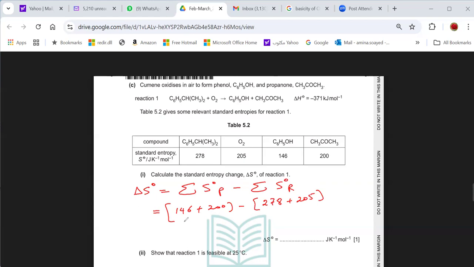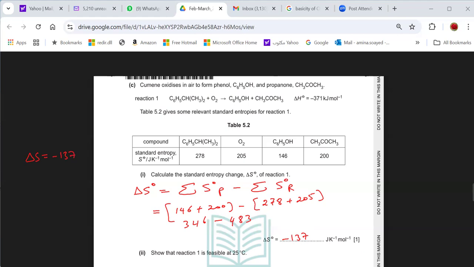So here we have 346 minus 483. So I got minus 137 joules per Kelvin per mole. So this is the delta S equal minus 137 joules per Kelvin per mole.